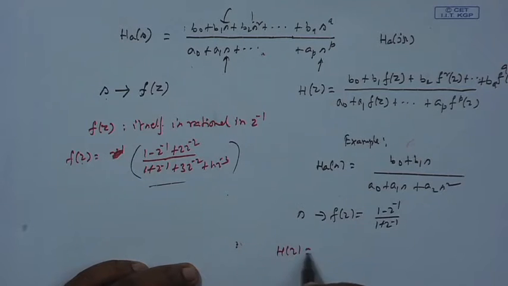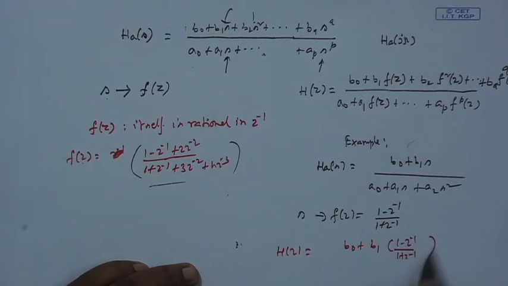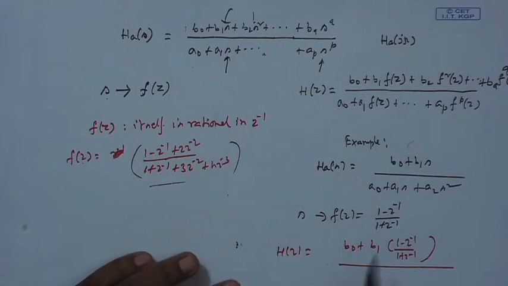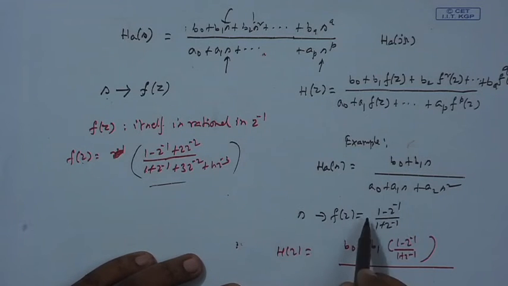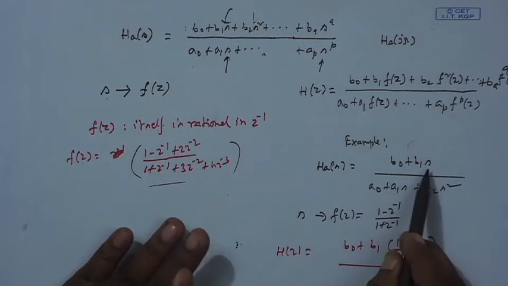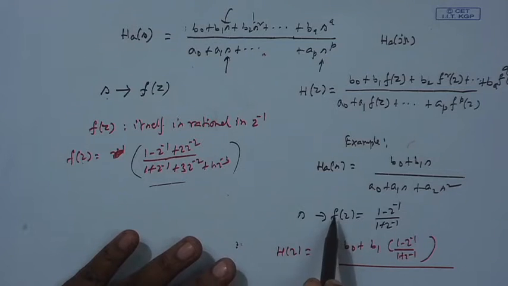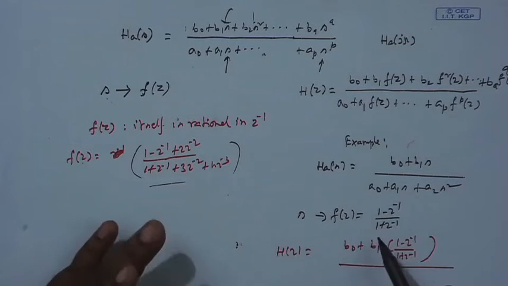H(z) will be B0 plus B1 into f(z), that is 1 minus z inverse by 1 plus z inverse. This function I am designing, and I am saying that wherever there is s in the analog transfer function, I will replace it by this function. So, I will get one digital transfer function. It is not that s equals this, it is just a mapping. Wherever there is s, I will replace it by a function of my choice.